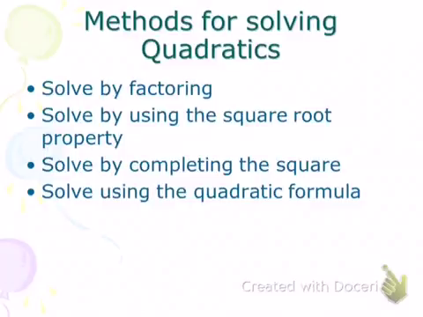There are some problems where it's easier than the quadratic formula, and we'll look at a few of those, but most of you are going to choose to either solve by factoring or use the quadratic formula. And that's okay because you can use the quadratic formula every time. It's just longer than factoring when it can be factored.